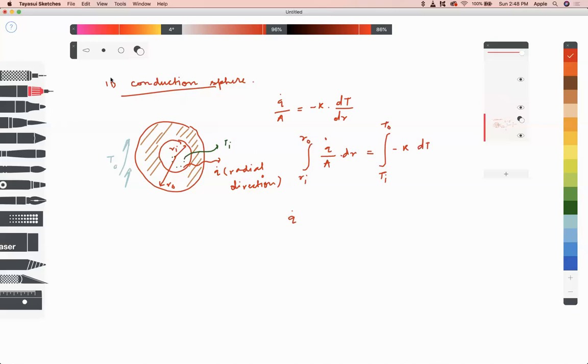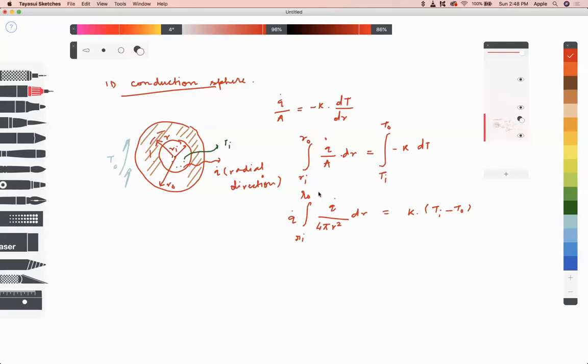And if we take a random location at a radius r, then the surface area of a sphere is 4 pi r square dr. This will be k into Ti minus T naught.